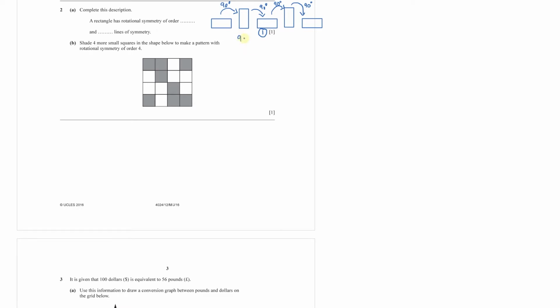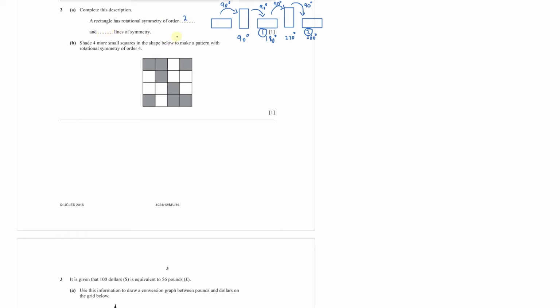So here we are at 90 degrees, 180 degrees, 270 degrees, and then another 90, which is 360 degrees, and this one also looks exactly the same as this one, so this will be number 2. So when you rotate a rectangle a full 360 degrees, it looks exactly the same as the original one 2 times. So the order of rotational symmetry for a rectangle will be 2 in this case.